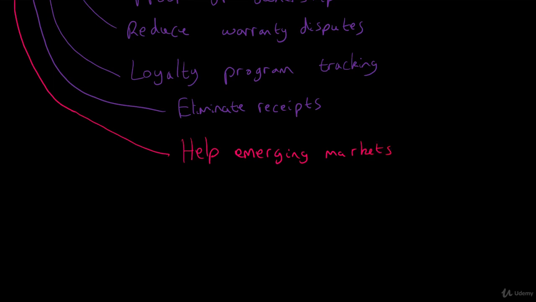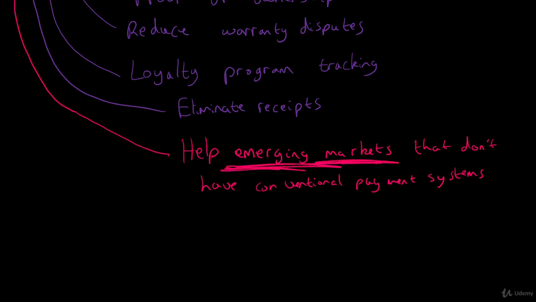So emerging markets that don't have conventional payment systems, because there are countries around the world or places within a certain country, maybe a village, that doesn't have a bank system, that doesn't have a conventional money-based system, and it'll help them track it, it'll help them get hold of these items, because you'll find you'll go to these places that don't have certain basic levels of economics, but they have phones, and through 4G, 3G, or even 2G access, they have access to the internet as well.